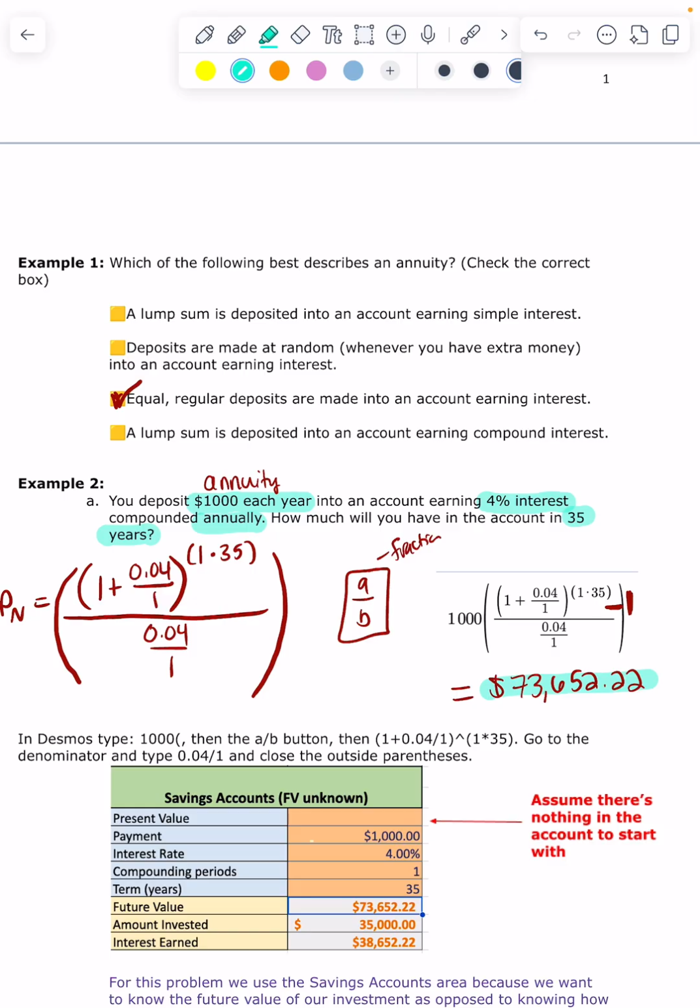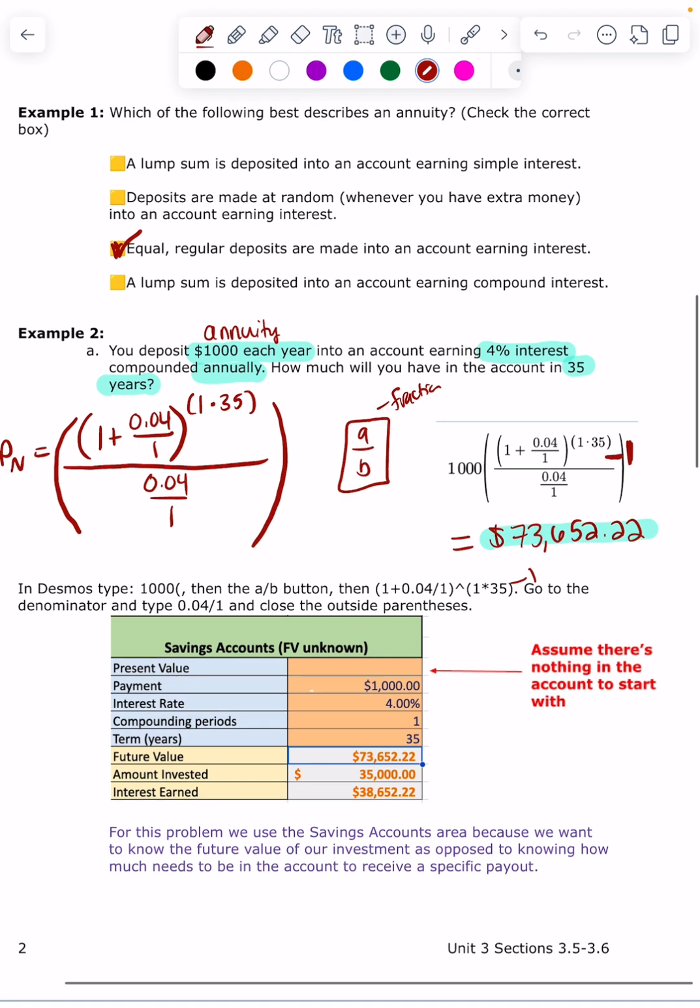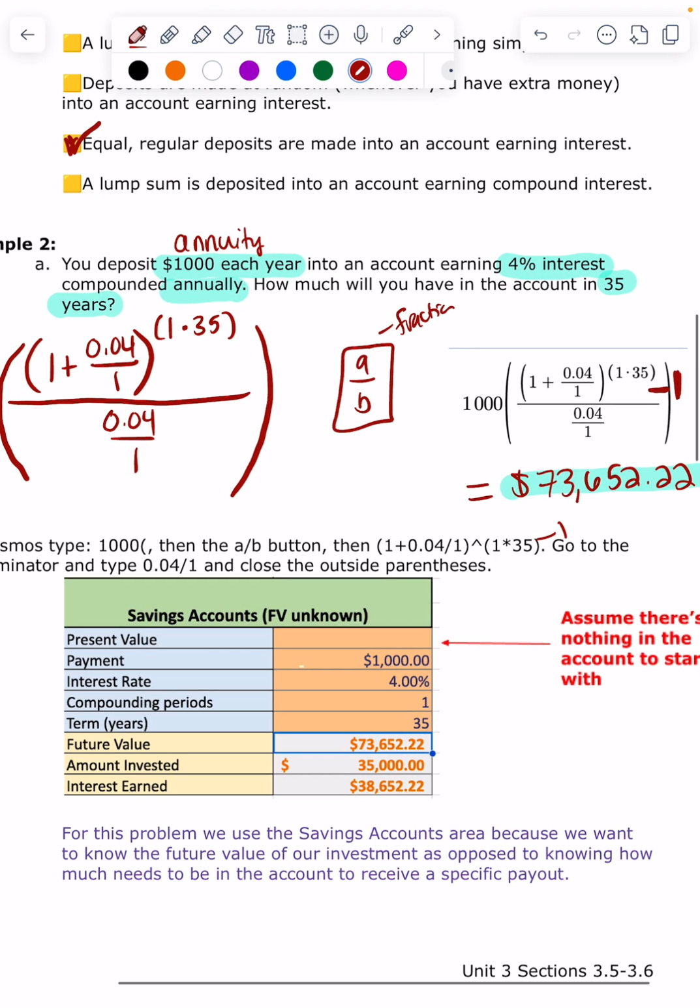Okay. Yeah, and I have down here the Desmos directions, which I'll be updating because you need to put -1 here. I left that out. And then here it's showing it in Excel. So you can type everything in Excel, put the $1,000, the interest, how many compounding periods in the years.